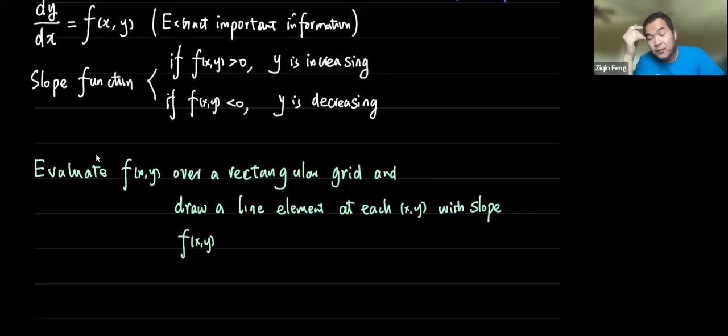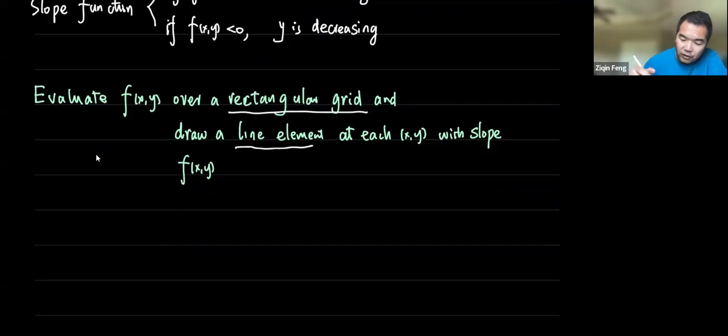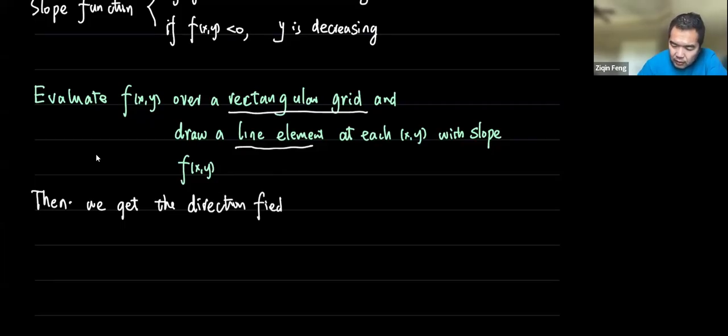That line indicates where the function should go if it passes through that point: up, down, or flat. So these line elements on the rectangular grid give you a vector field, the direction field of dy over dx equal to f of x, y.